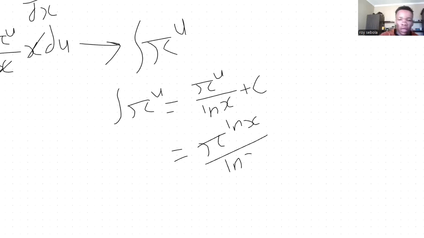Now let's look at another problem on u substitution. This one is a trig function one.